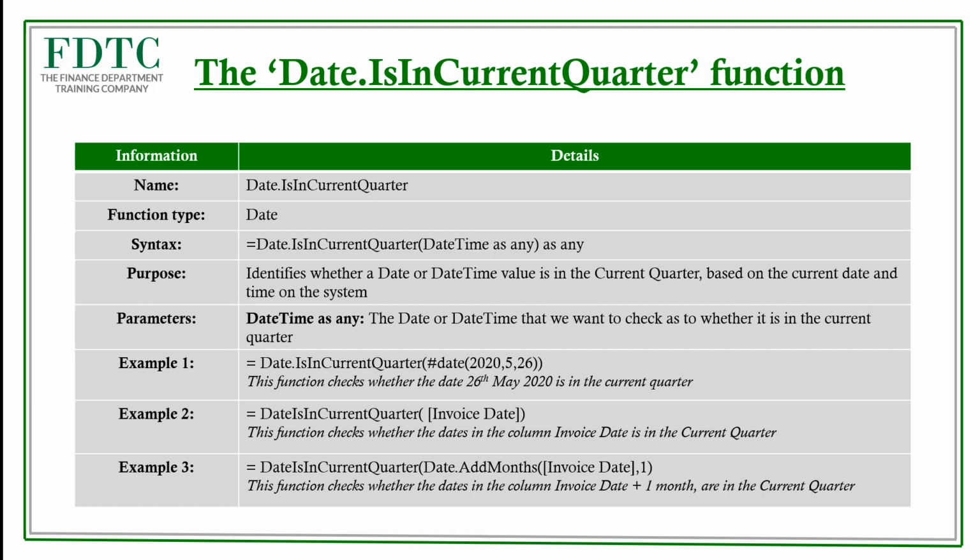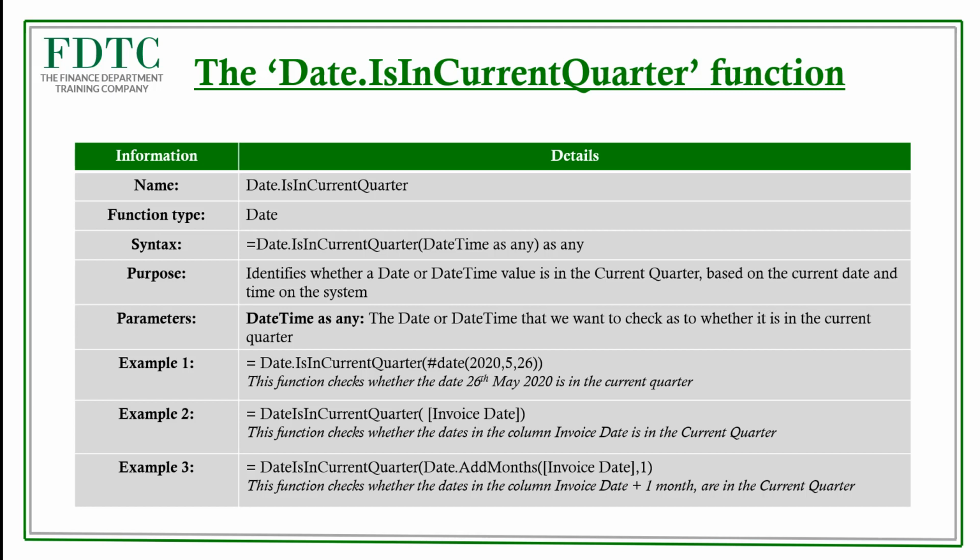When the date is in the current quarter, the function returns a logical type, true. If the date is not in the current quarter, then the function will return a logical type, false. So we've got a few examples here. The first one evaluates a literal, that's a single defined date, against the system settings.